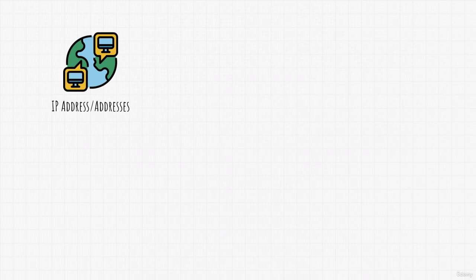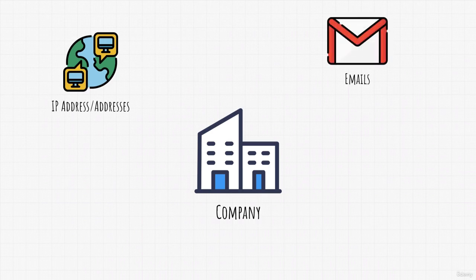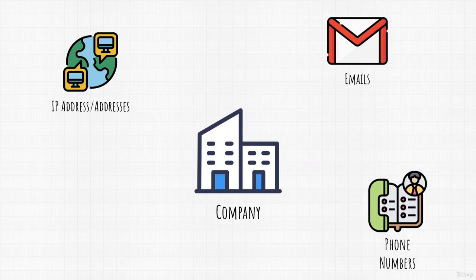This could be, for example, a company that has servers and buildings all around the world. And if we were to test this company, we would also be interested in their employees too. For example, we would want to gather their emails, which could be useful for a future attack to gain access to that company, or we could possibly want to gather their phone numbers, which could also be useful.